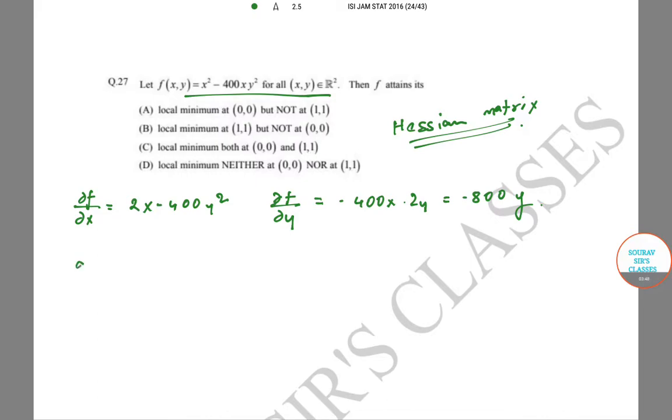Now at 1 comma 1, dou f dou x is equal to 2 minus 400 and dou f dou y is equal to minus 800. Therefore dou f dou x, dou f dou y, these are not equal to 0 at 1 comma 1, and hence we do not have a local minima.